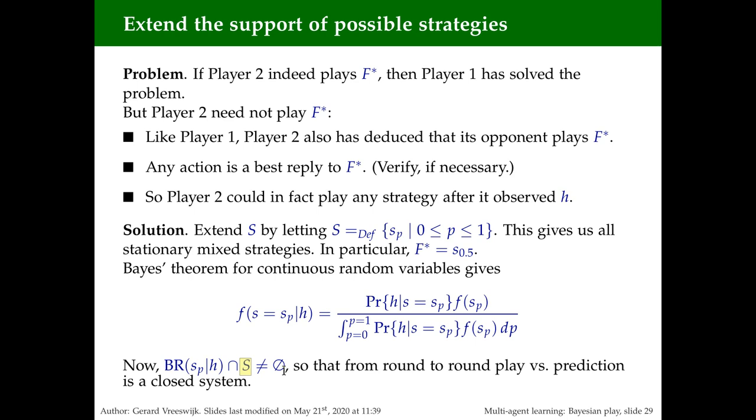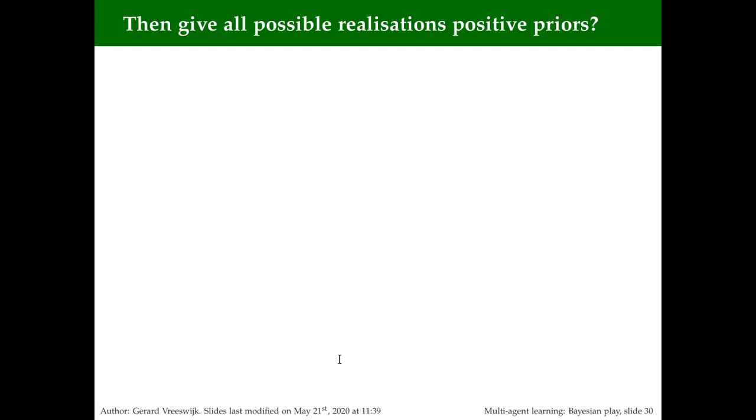So this is going to work, because players update their strategy in such a way that it remains within the system. However, if players do not update according to this way, then of course they may avail themselves of all other kinds of strategies.